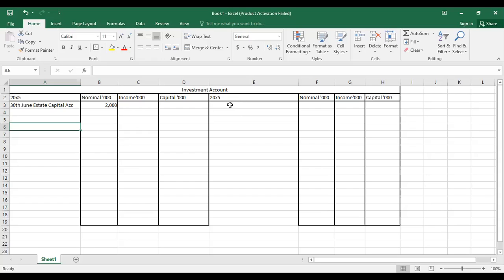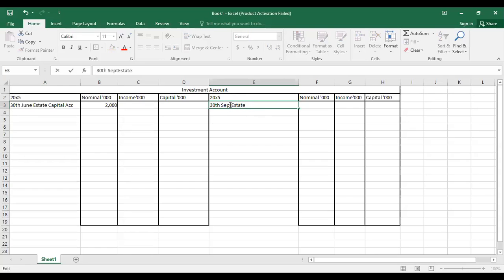So we'll say that will be on 30th June. No, but the amount is being paid on 30th September, isn't it? So this will be the estate. You'll assume it is being paid by cash.